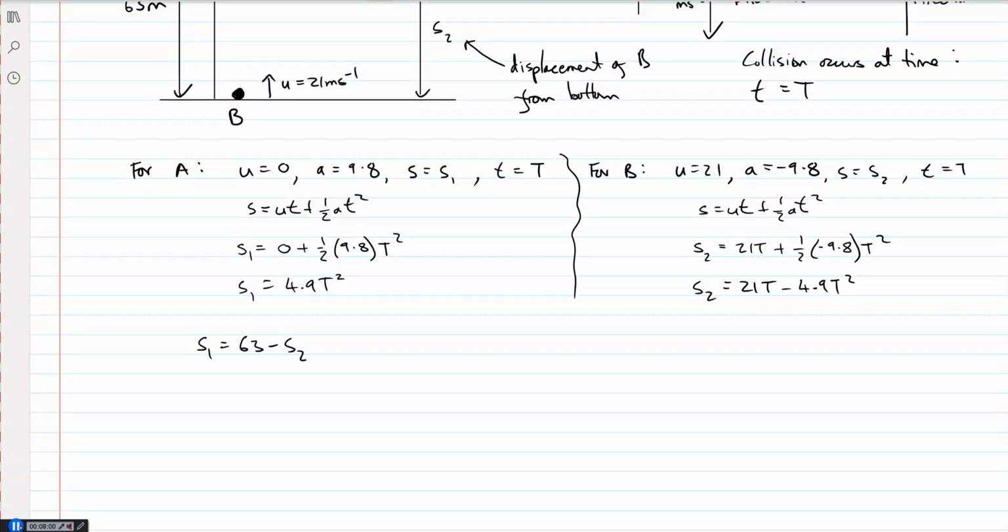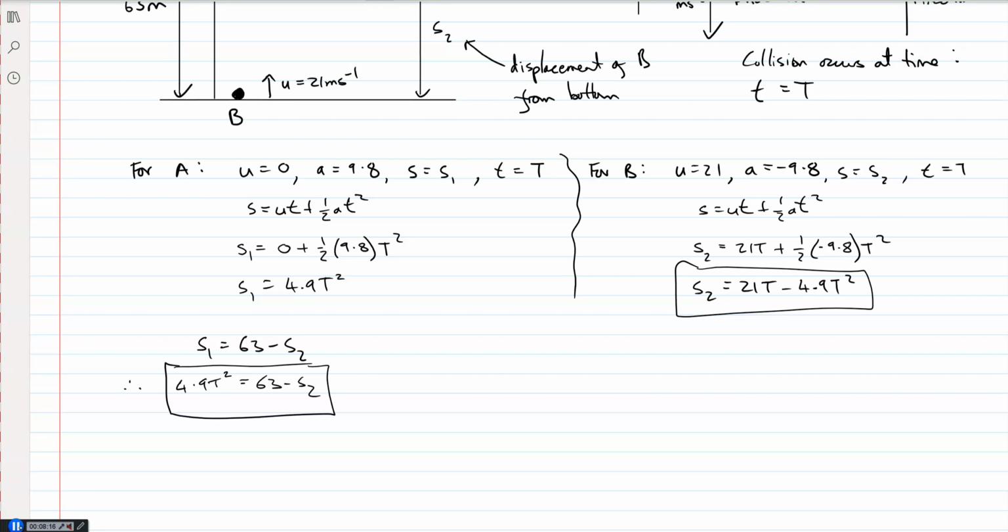So from this equation here, that means 63 minus S2 is 4.9 T squared. So we're going to look at this equation, which has got T and S2 in, and this equation, which also has T and S2 in. And we should be able to get our answer. So let's sub in.